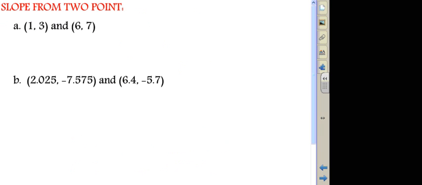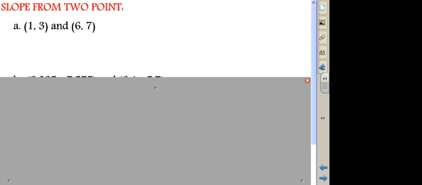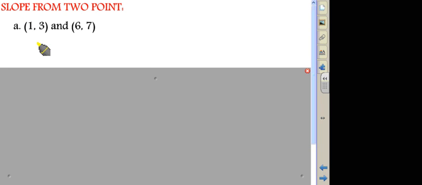I got two problems for you. We're just going to focus on the top one. Very basic. We've got 2 points, and we're going to find the slope. I've got an x and a y. This is my first point. This is my second point.